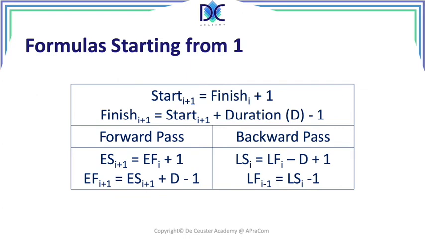For the backward pass, with the formulas that we deduced before, we can say that the late start of the activity is equal to the late finish of that activity minus the duration plus 1, and the late finish of the predecessor is equal to the late start of the successor minus 1.